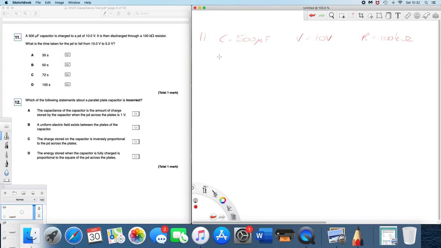Well, V equals V naught e to the minus t over CR. We have 5 is 10 times e to the minus t over CR, which if you multiply them together is 50. Take our logs of both sides. And you get t to be 35 seconds, which is A.